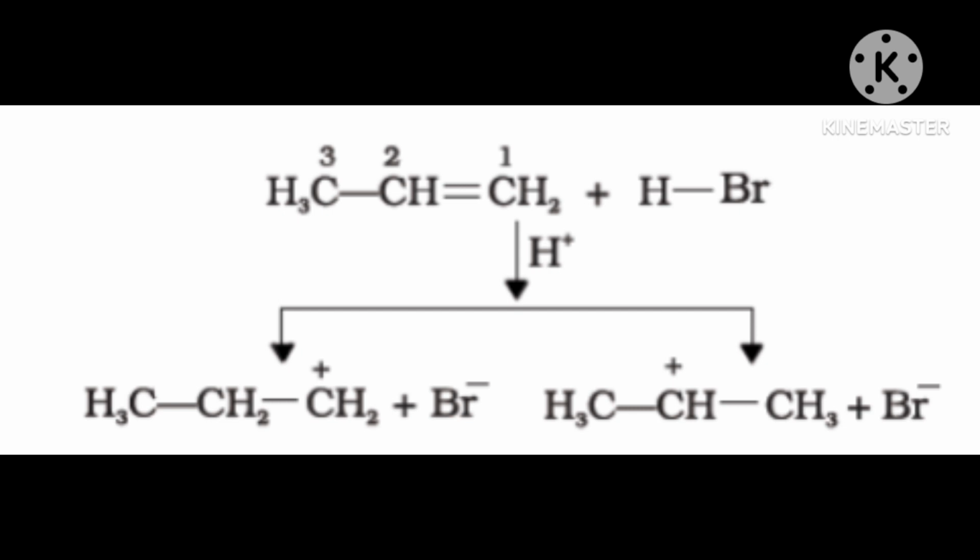This is the main requirement, the peroxide. Then this will give 1-bromopropane, CH3CH2CH2Br. Here the bromide ion is joined to the first carbon and it has given 1-bromopropane.